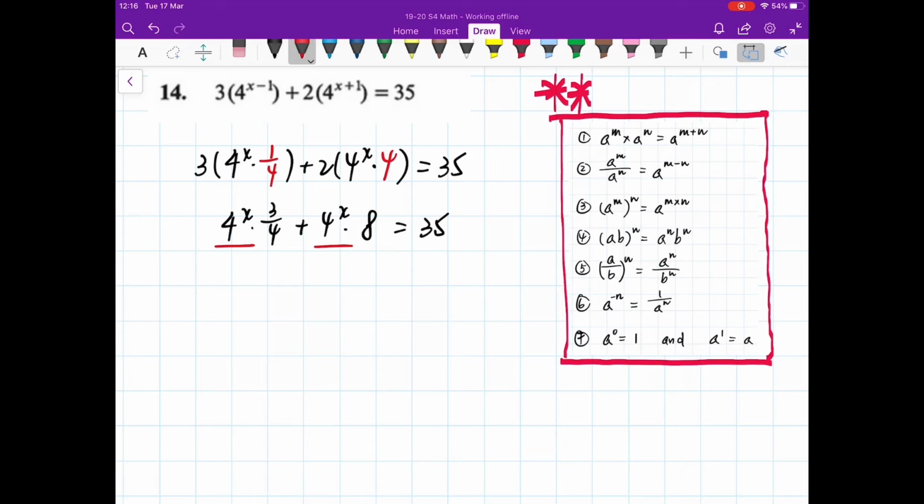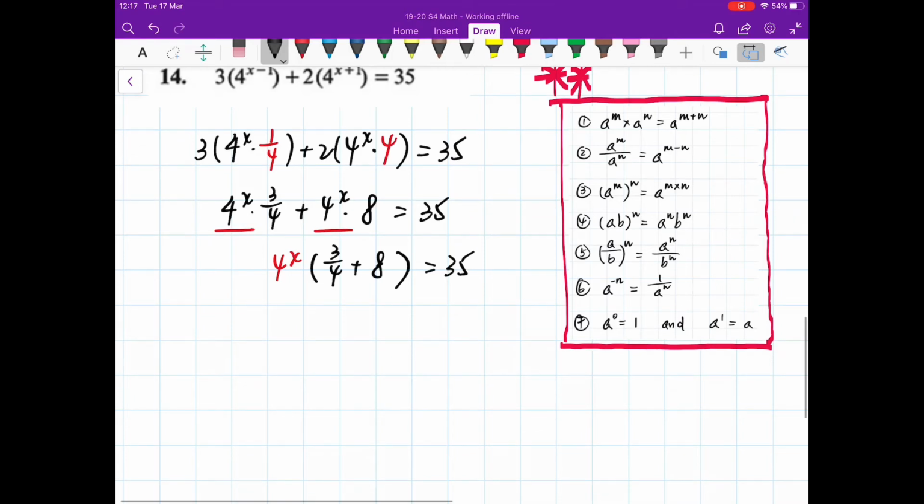Then again, as you can see, there is a common factor, 4 to the power x. Then we can take it out so that it will become 4 to the power x, bracket 3 over 4 plus 8, equals to 35.